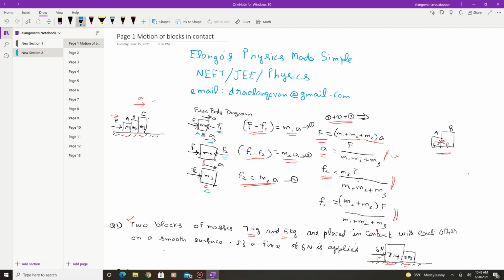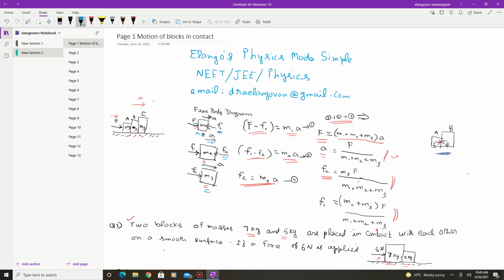You know that, suppose you consider two blocks A and B, and you look at the surface of contact.